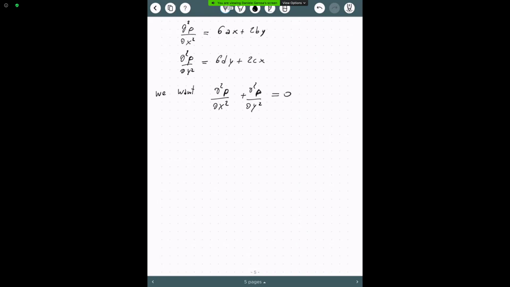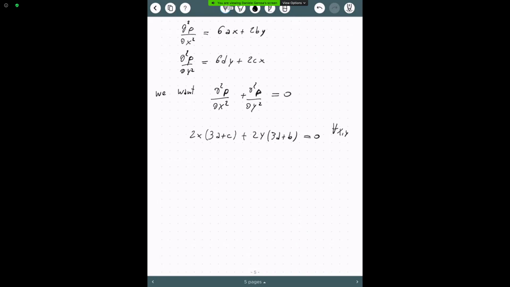So what is this? We have 2x times (3a plus c) plus 2y times (3d plus b) equal to 0. Now this has to be true for all x and y, right?